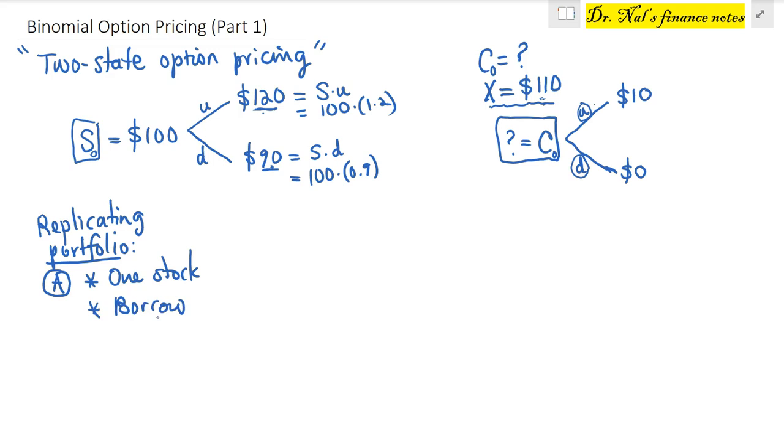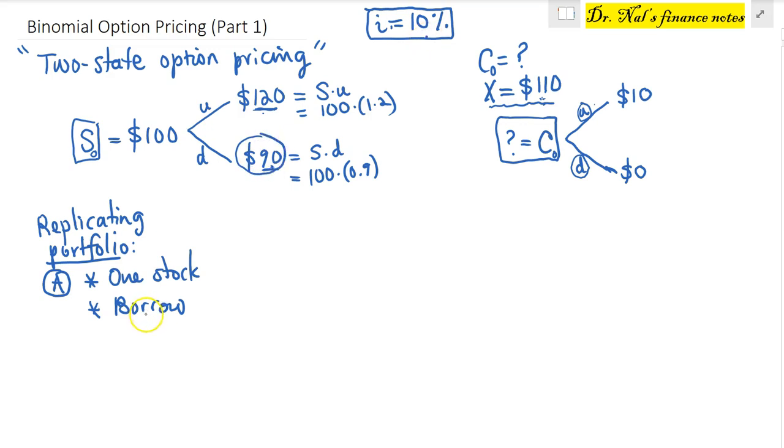The amount will depend on the interest rate in the marketplace currently, and let's assume that the interest rate is 10%. So that is an assumption given to us early on in the problem. The interest rate for borrowing and lending money is 10%. So what I will do is discount the $90 at the 10% rate.